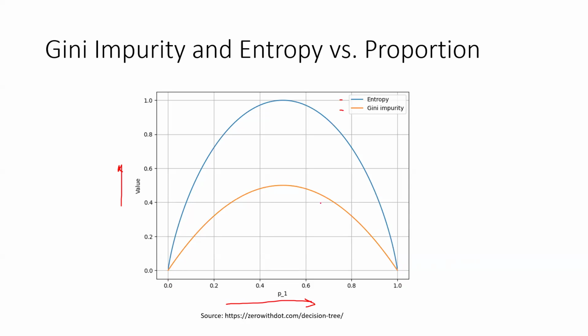When they are in the middle, that means the proportions are like 0.5, then there would be the highest level of impurity. For the entropy, the highest level of impurity is 1. For the Gini impurity, the highest point of impurity is actually 0.5.